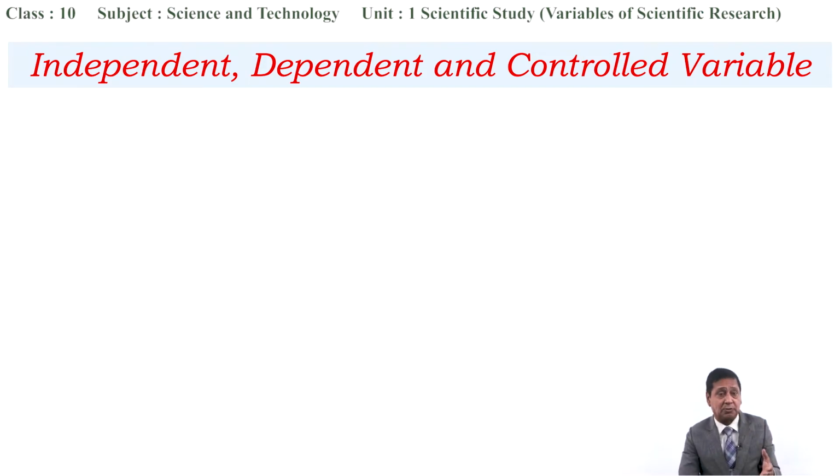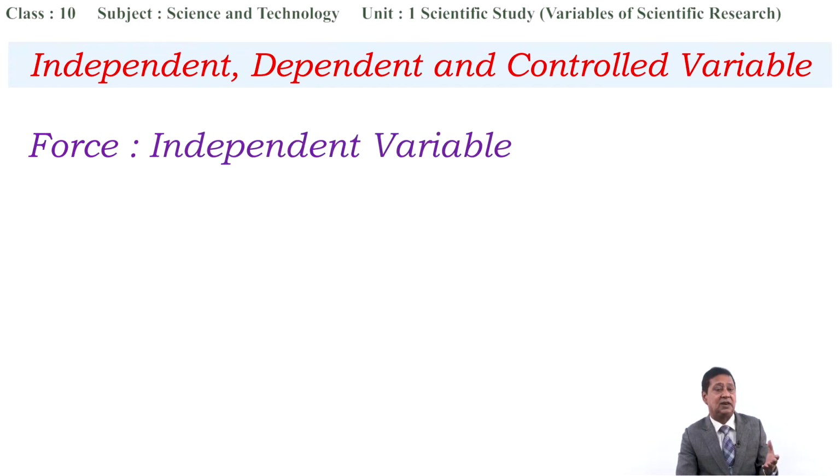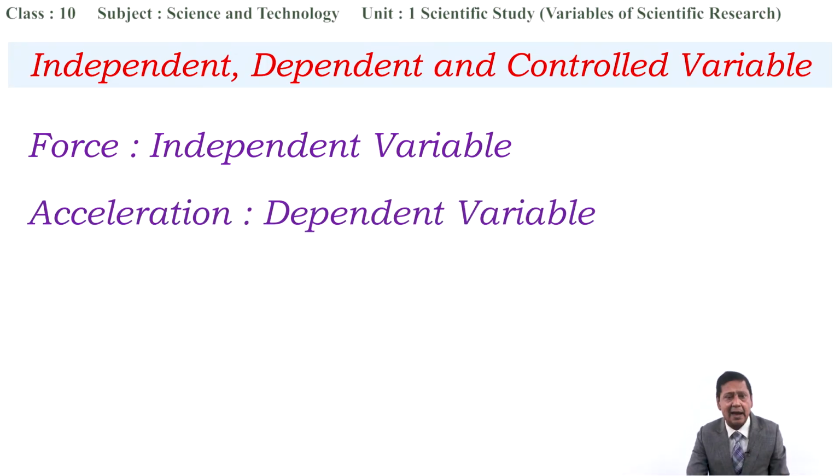In the previous experiment, what was the independent variable? Force. Why? Because we have control over it. We are changing the value of force and we want to see its effect on acceleration. The variable which can be changed or manipulated is independent. That's why force is the independent variable. But here acceleration is the dependent variable because it depends on force.